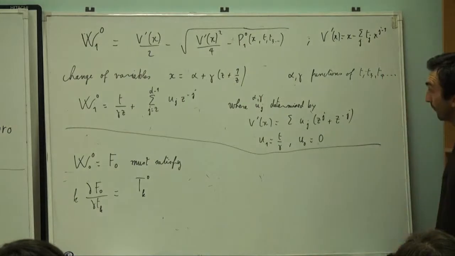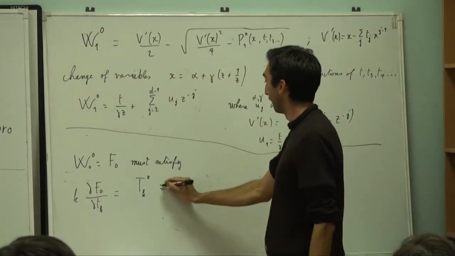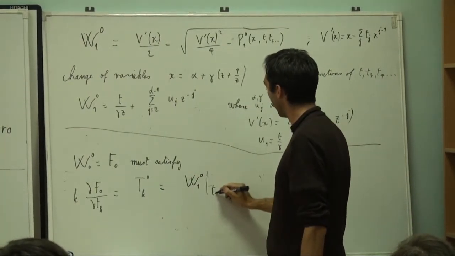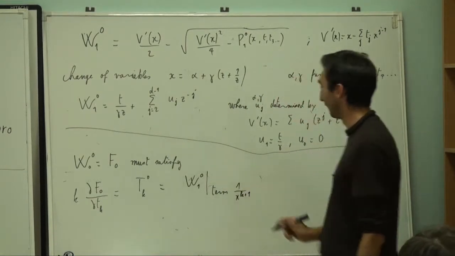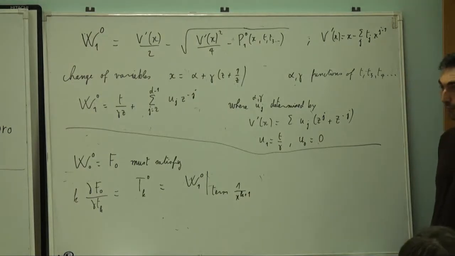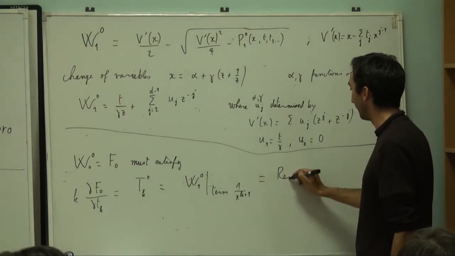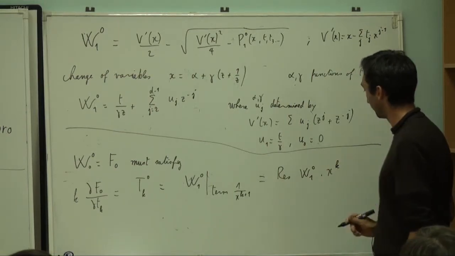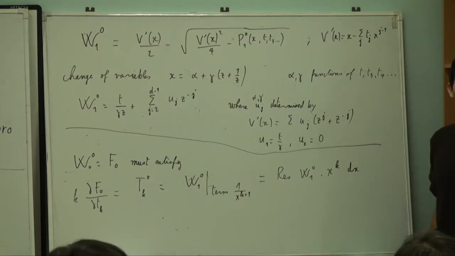And t_k0, you remember, is the term 1 over x to the k plus 1 in W10. So you can also say that this is the residue of W10 times x^k, and as I said, a residue is in fact an integral, so you should always write dx.